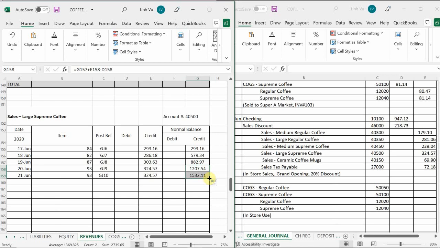We got 1,532.11. Good. Okay, and then that was the large Supreme coffees.